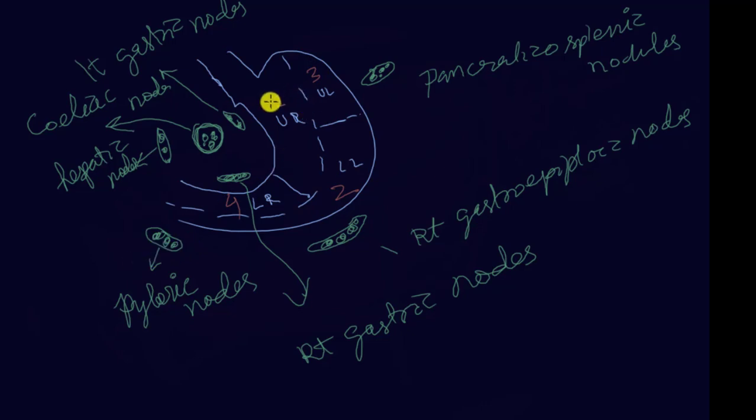So from area number 1, which you can say is the very largest area along the lesser curvature, all the lymph will drain into the left gastric lymph nodes. It also receives from the esophageal part, mainly the abdominal part of the esophagus.